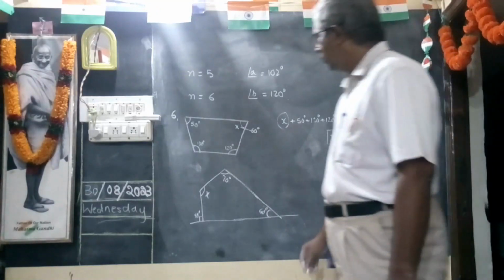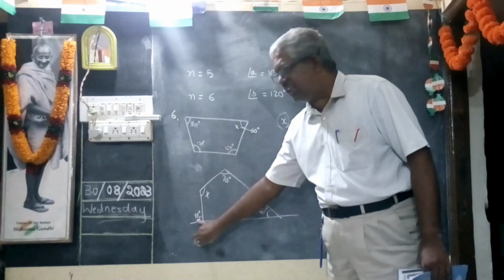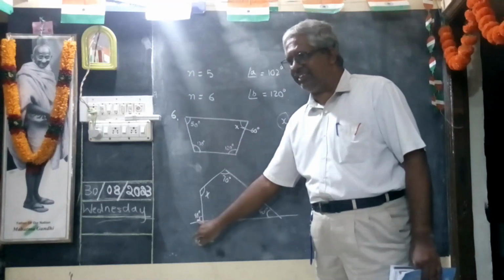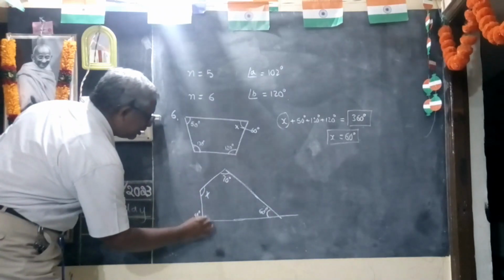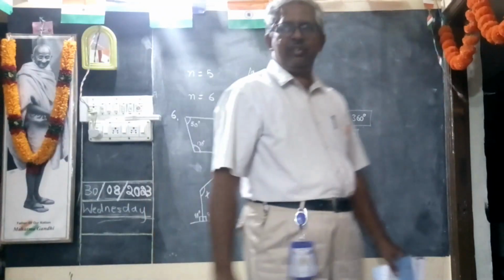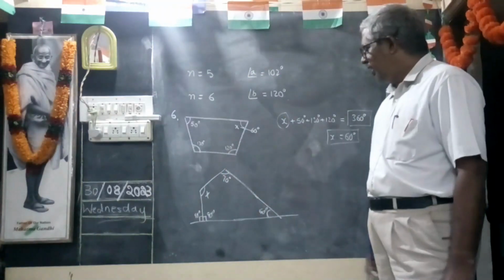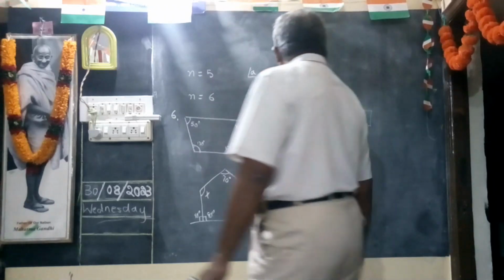Find x. If I say this is 90, that side is also 90. So the opposite angles of a perpendicular line are going to be 90 each, and I have 70 plus 60 plus 90. What's x?